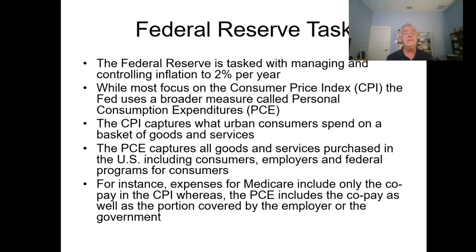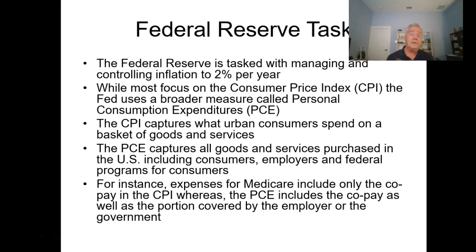So what they've done is they brought into the whole concept federal programs for consumers, and they also brought in the cost of medicine, the medical costs, particularly in the form of co-pays, or that portion of it that the employer pays, or you pay when you go to the doctor.